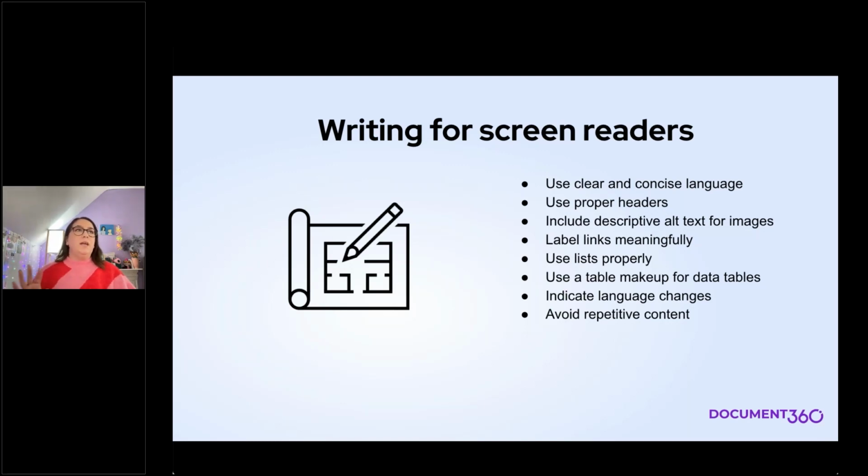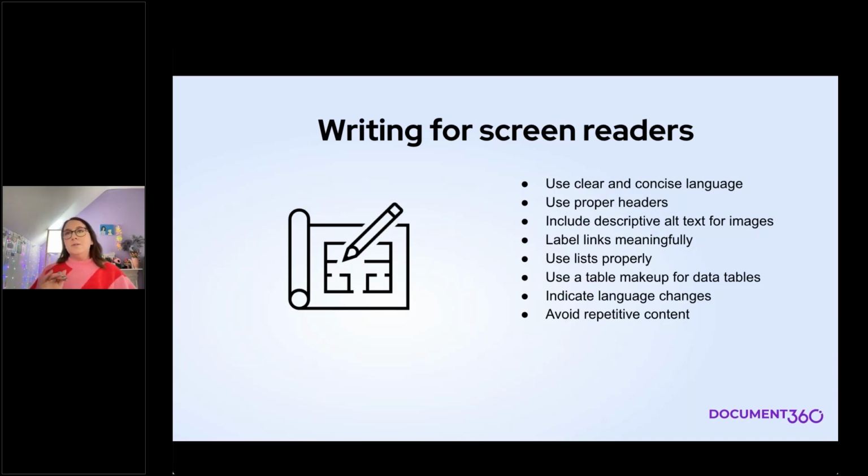For those of you who don't know, headers help screen reader users navigate the page and understand the hierarchy of the information. How heading tags work is they have a top-down hierarchy from H1 to H6, H1 being the most important heading and H6 being the least important.